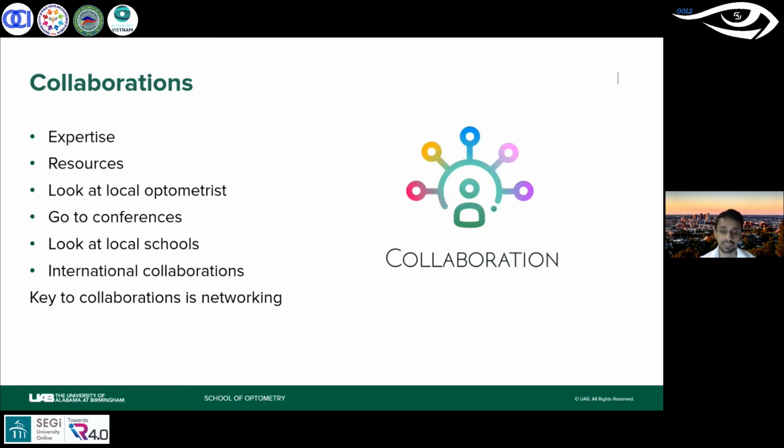International collaborations. This is often tricky, but also not impossible. So if you are in a clinical or a hospital setting, a hospital that is big enough, sees a lot of patients, international collaborations is something you can do. You witness something or you observe something, or you read about a treatment that is being done in the US, but you don't have access to. You can often reach out to them.